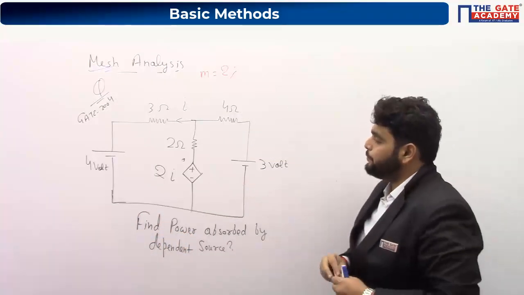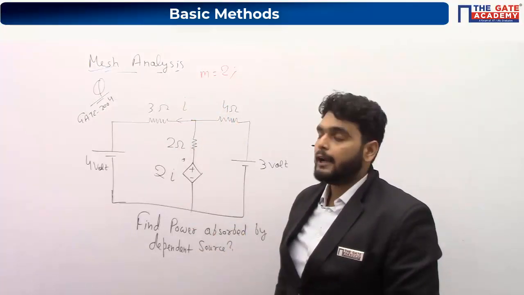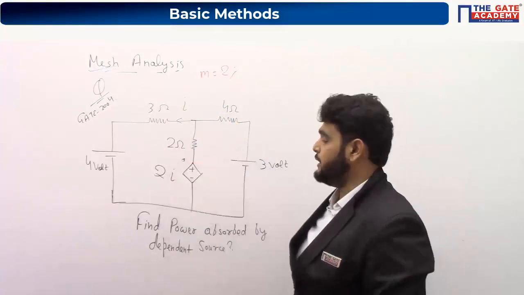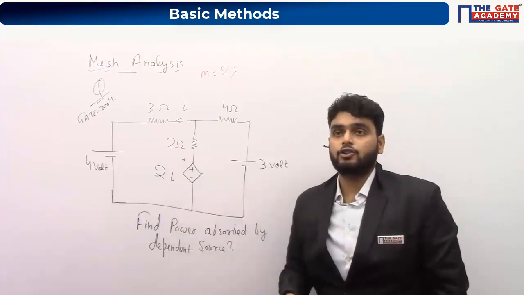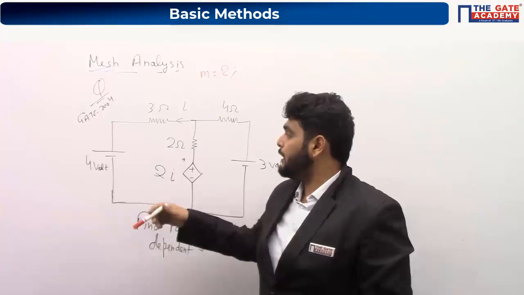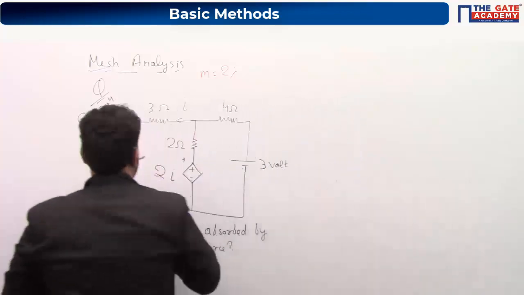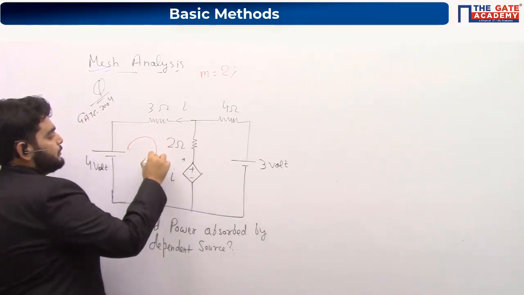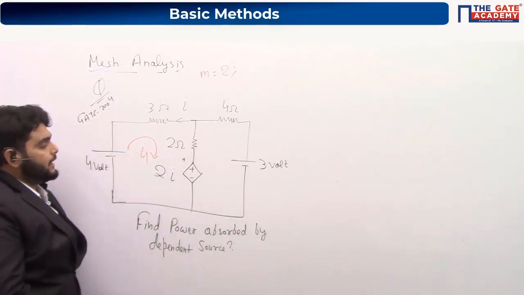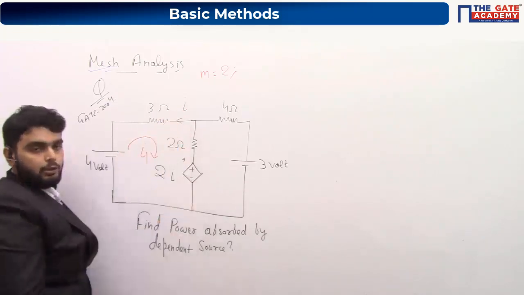Here you can see one current is already given in the question, and that current is actually the dependent source magnitude, which means the dependent source magnitude depends on the current flowing in this branch. And we also have to take one current here. I can take I1 like this, but you can see if I am taking I1 like this, the direction of I is opposite to I1.